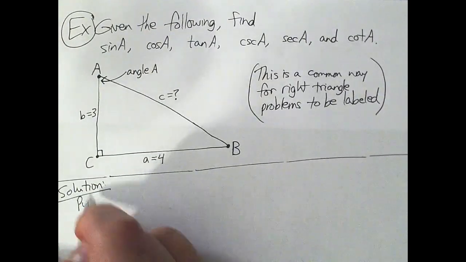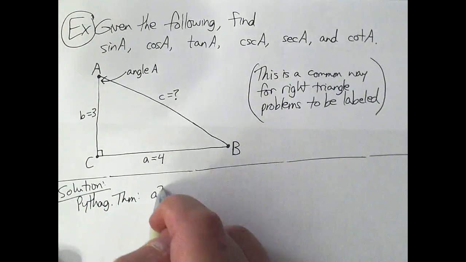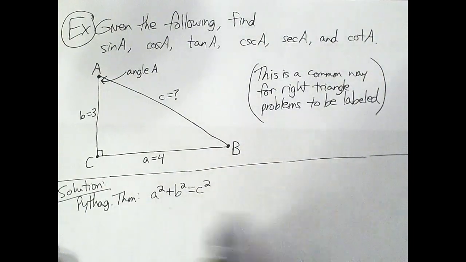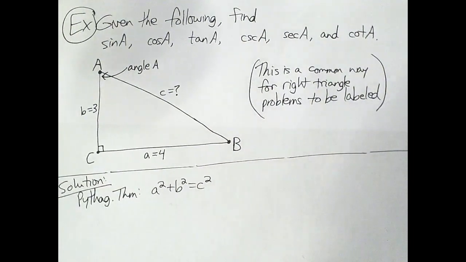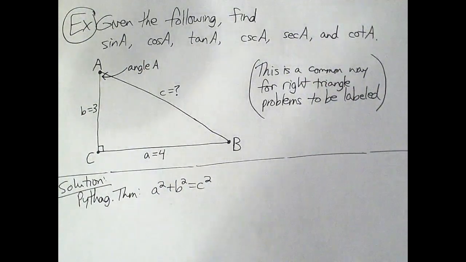So Pythagorean theorem says a squared plus b squared equals c squared. I'm doing a step that the problem didn't even tell me to do, but I'm doing it because I think we're going to need to know the hypotenuse.